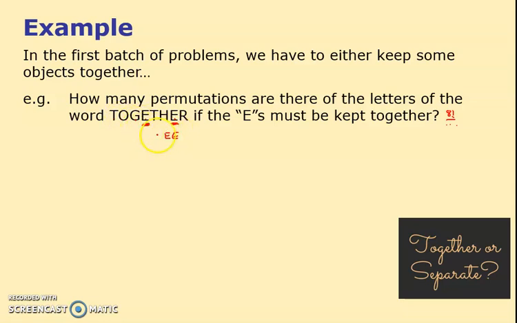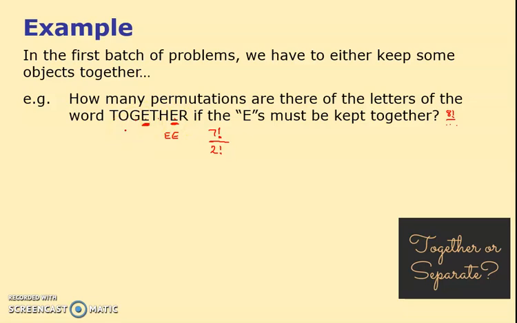After we do that, effectively we've got 7 factorial left. We'll think of this as 7 letters, but the EE must be together. So what else have we got? We've got 2 T's, so we're going to have to divide by 2 factorial. I don't think there's anything else repeated.